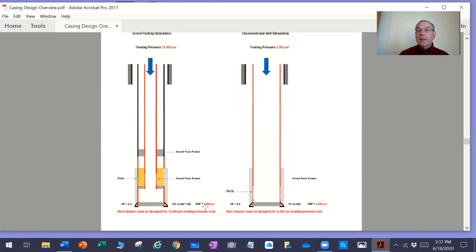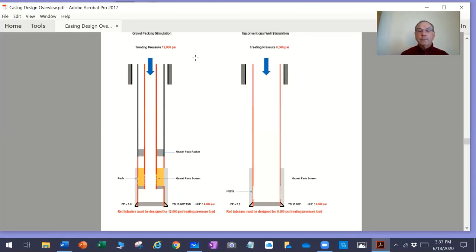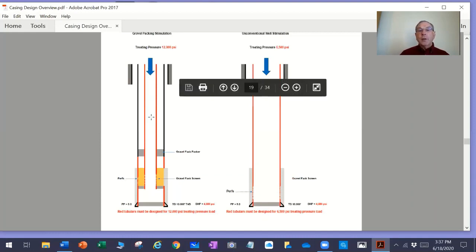That's pretty low, but my treating pressure is 12,000 pounds. What happens when you get a screen out while doing a frac pack: you're pumping at 12,000 psi, and most of this pressure loss is frictional pressure loss going down the tubing and drill pipe you're using to do this frac pack treatment.